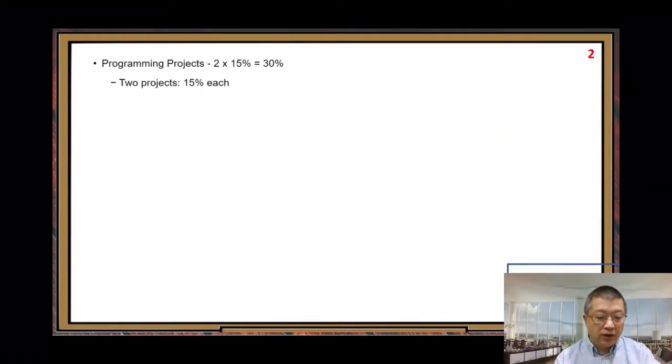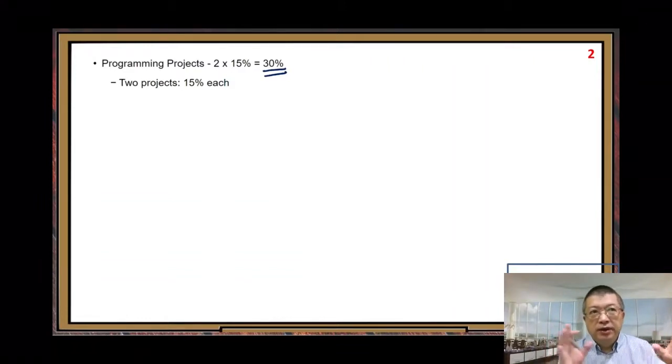Next, I want to talk about the programming projects item. This is another big important item. You can see the percentage, 30%. So pretty high. And you need to really spend a lot of time, apply the knowledge you learned from this class.